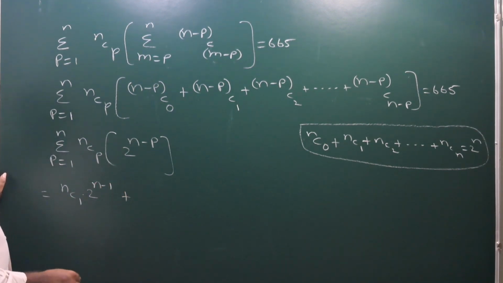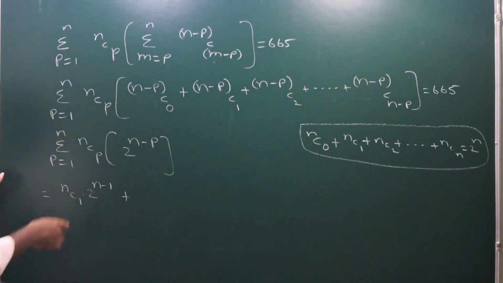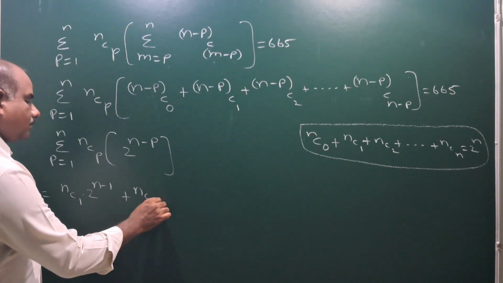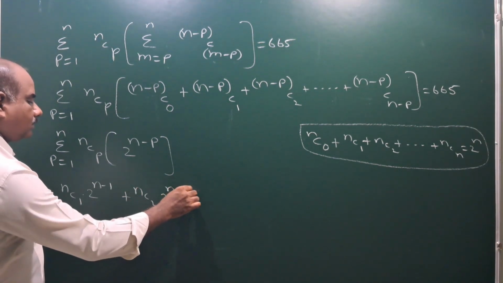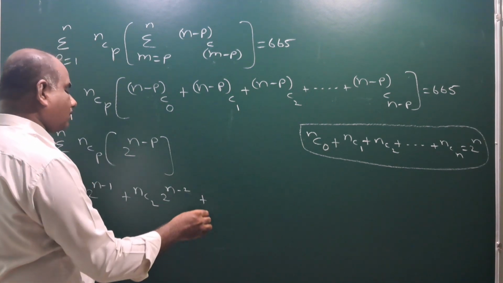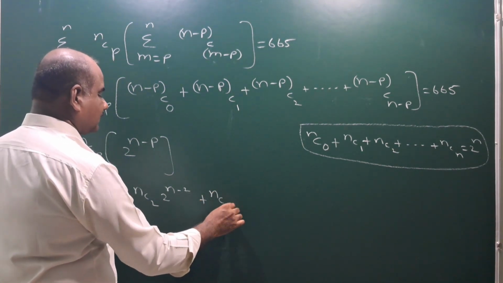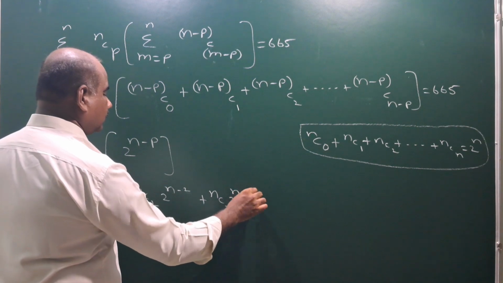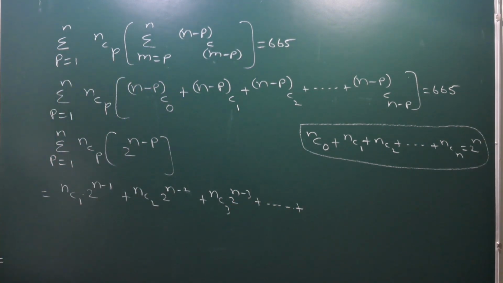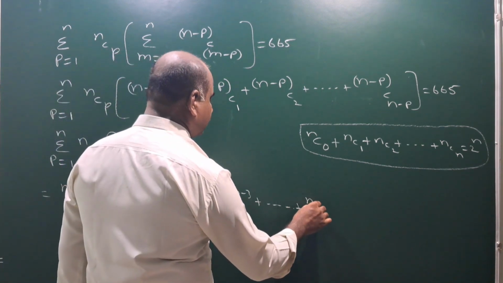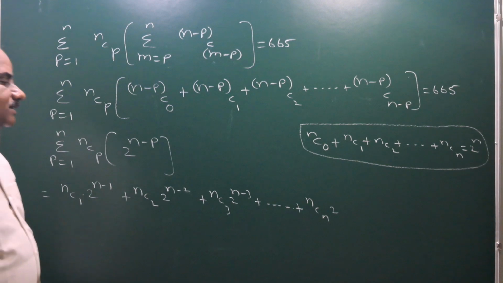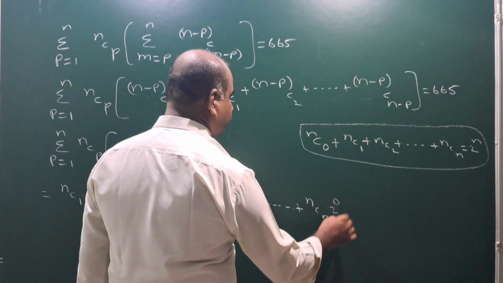For p is equal to 2, NC2 2 power n minus 2. If p is equal to 3, then we get NC3 2 power n minus 3. If p is equal to n, then we get NCN into 2 power n minus n, that means 0.